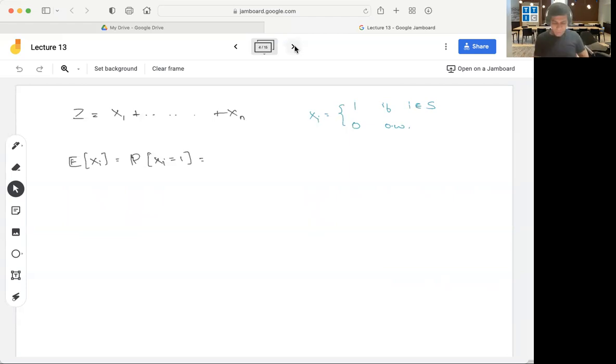So a vertex is picked if and only if, in the order in which we are looking at things, i comes before all its neighbors.